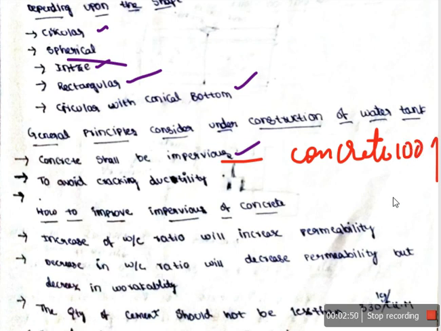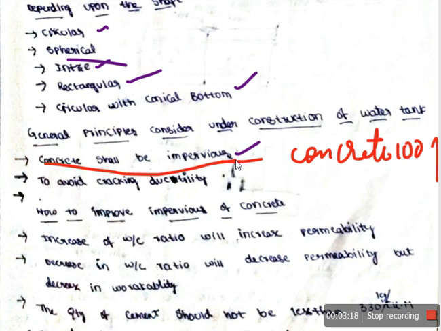All concrete is pervious, but our condition itself says that the concrete shall be impervious, so you have to have some kind of a layer between the surface of the water and the concrete, which will stop the permeability of the concrete.